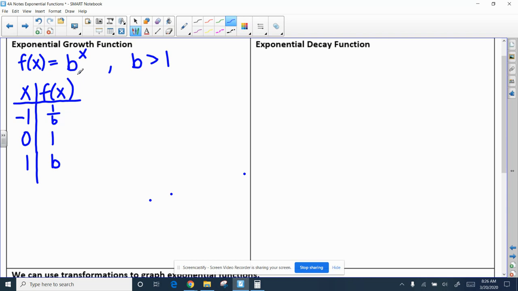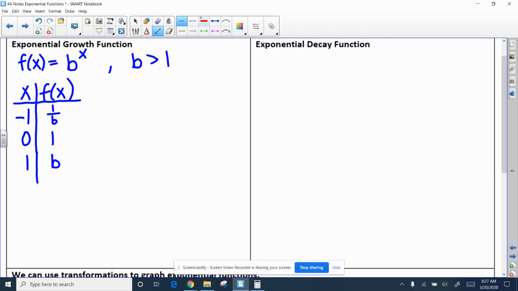So if the base is 5, for example, that means we would have the points (-1, 1/5), (0, 1), and (1, 5). So the b depends on whatever the base is. So this is a generalization for any type of exponential growth function.